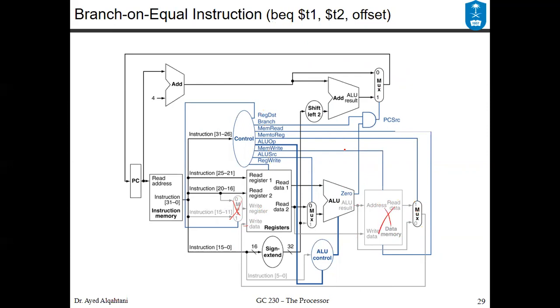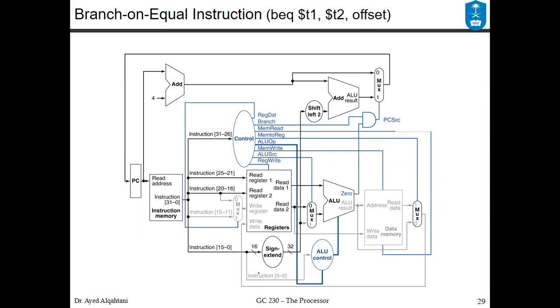This is a branch. The ALU doesn't generate the ALU results. It tells you if they are equal or not, the T1 and T2. This is why we care only about the 0. Notice that the ALU takes both registers. Both of them are registers in the ALU. You are comparing T1 registers. So the content of T1 is here, and the content of T2 is here, to see if they are equal or not.